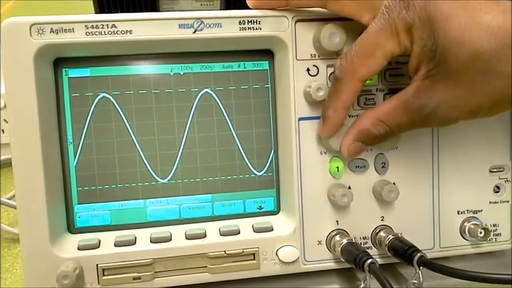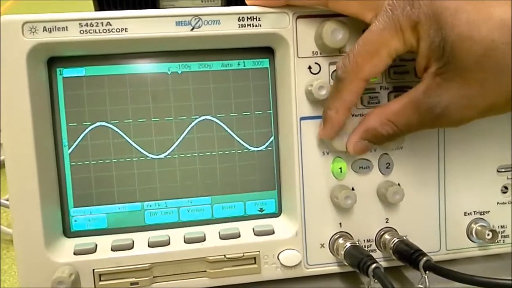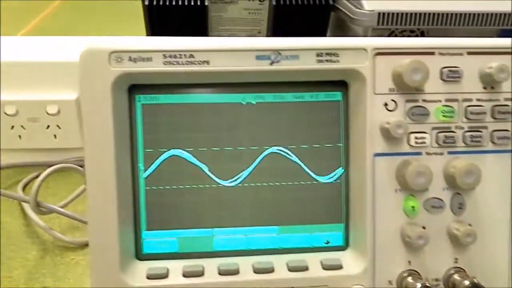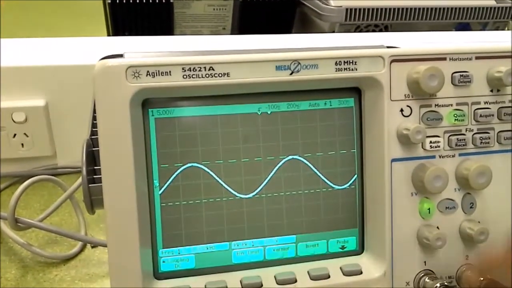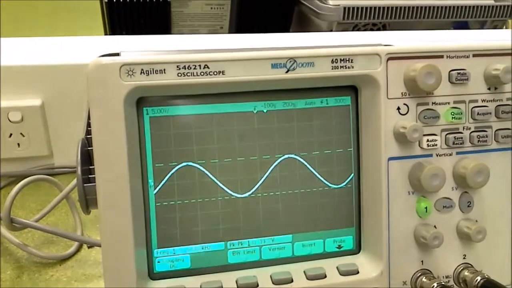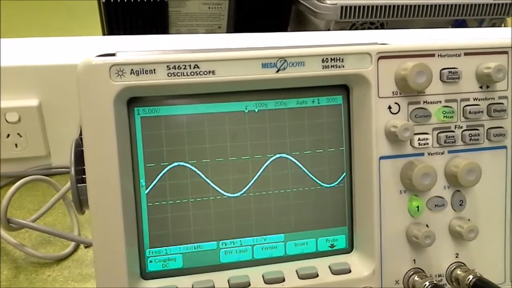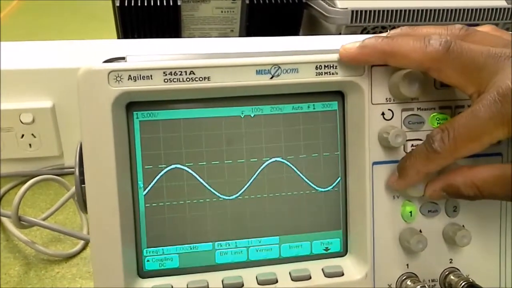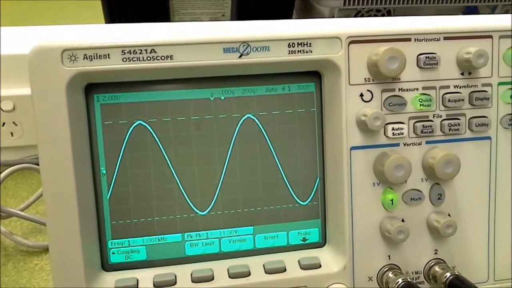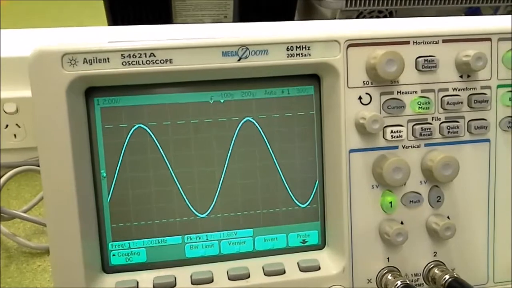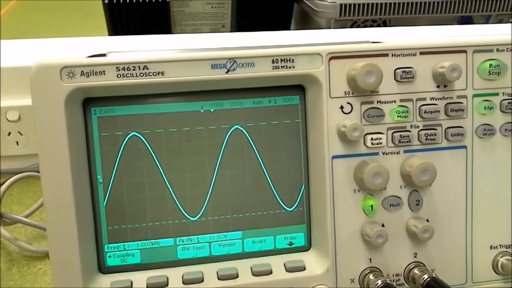Now the volts per division setting is 5 volts per division, that is 1 measured division equals 5 volts. So using this knob, we can choose the vertical scale of the display of the oscilloscope. It is also called the volt per division knob.